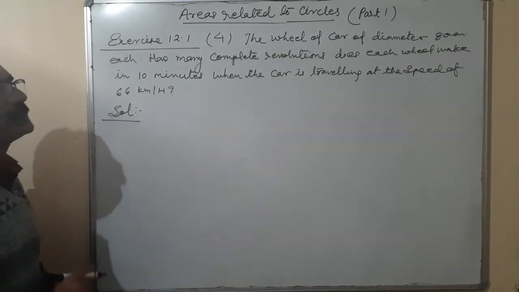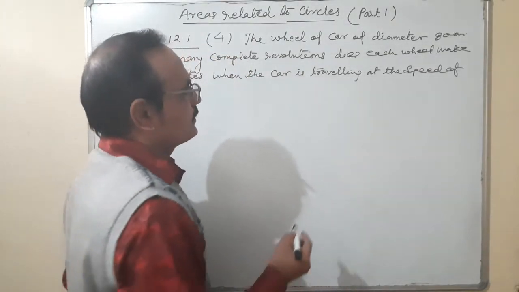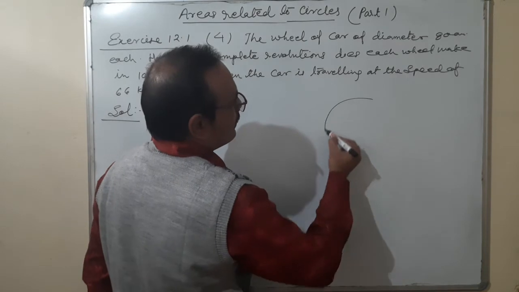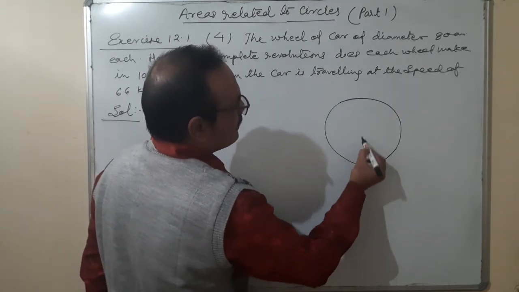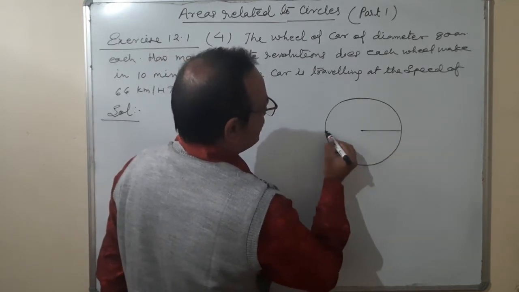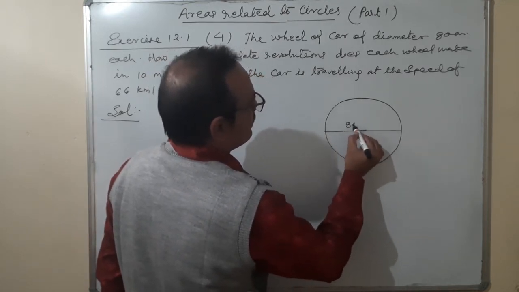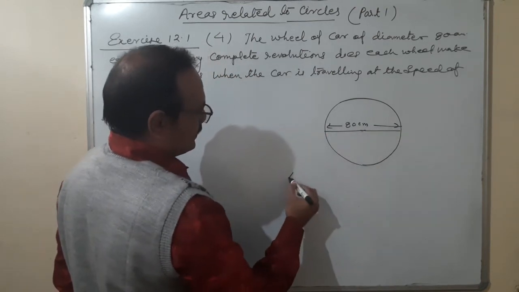Now you are solving it. The wheel of a car has a diameter of 80 centimeter each. What is this? This is the wheel of the car. Its diameter is 80 centimeter.